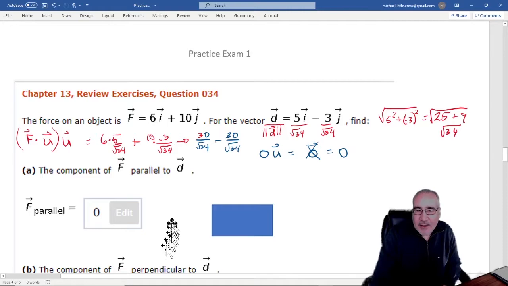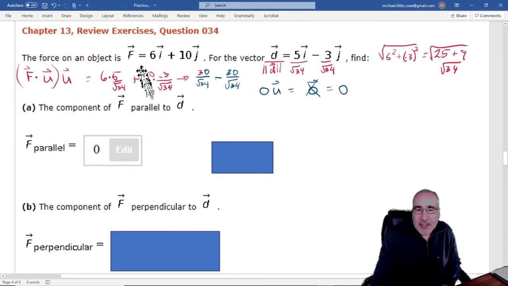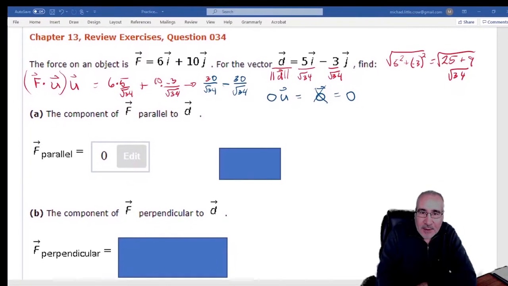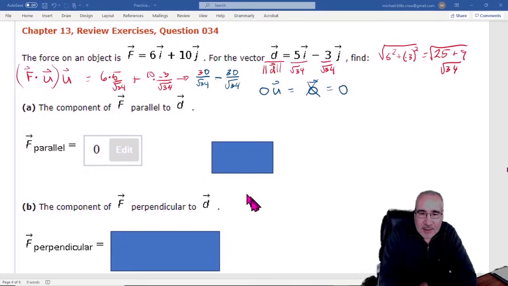It means that since it is perpendicular, if we end up with 0 for the parallel component, then the vector itself is going to be the perpendicular component. So I keep going to the wrong screen. So this has to be the perpendicular, 6i plus 10j.